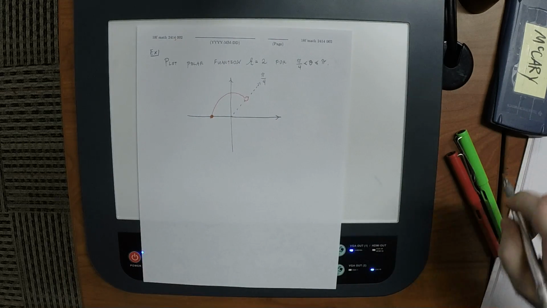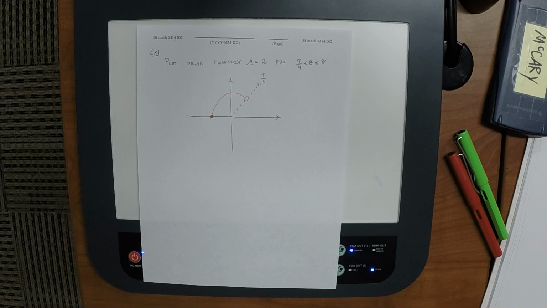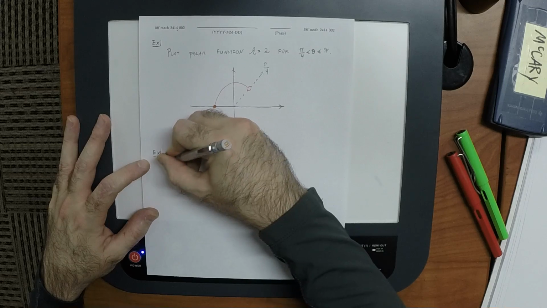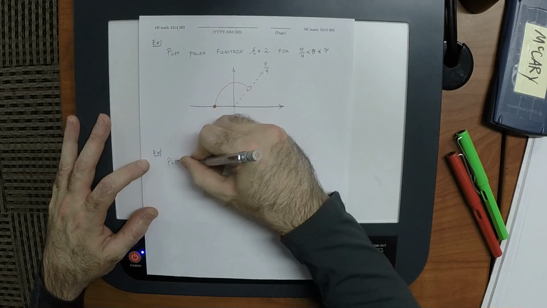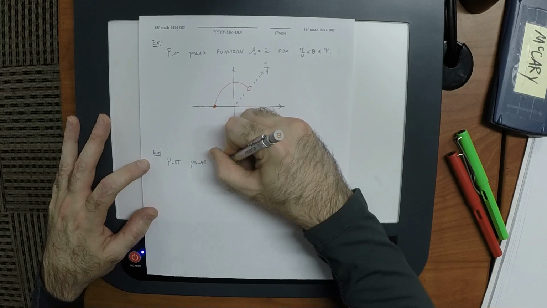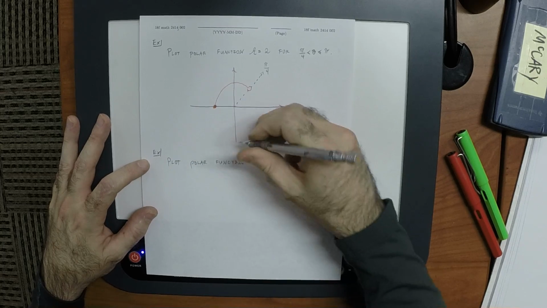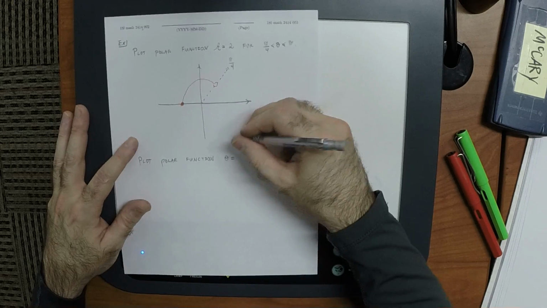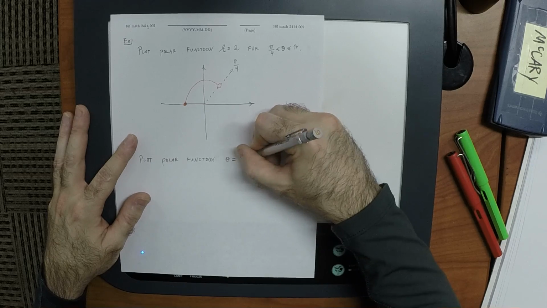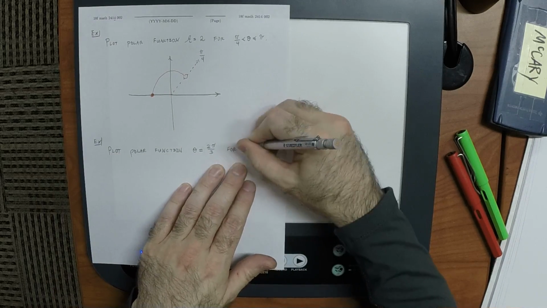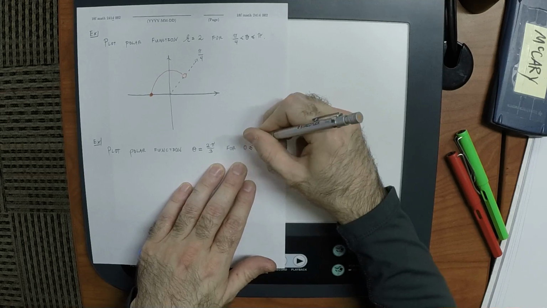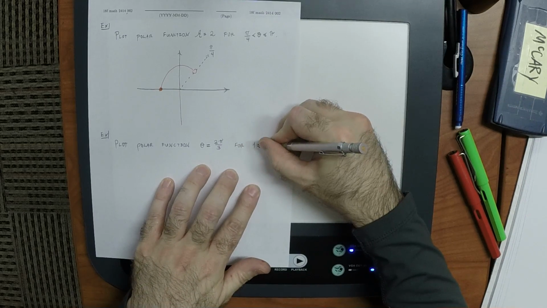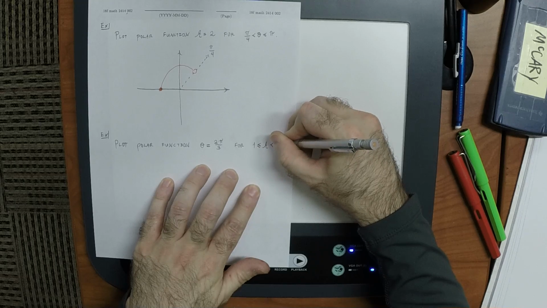Okay, let's try another one. How about this one will be interesting. Plot the polar function theta equal to, I don't know, 2 pi over 3 for, not 0, I'll say 1, less or equal r less than 3.